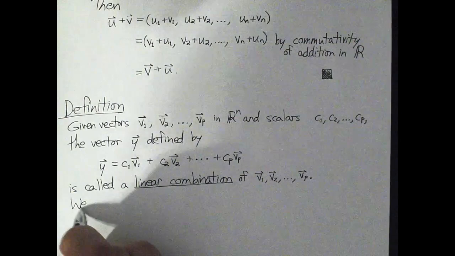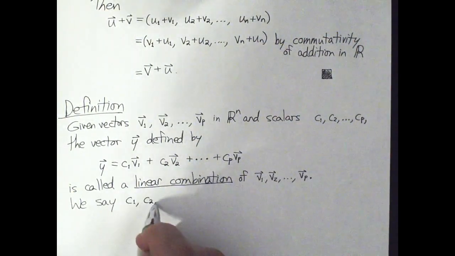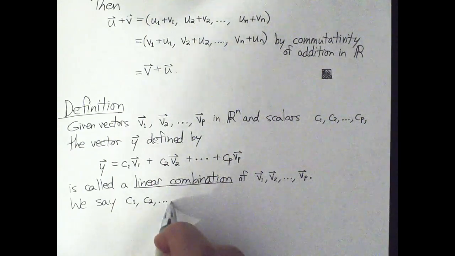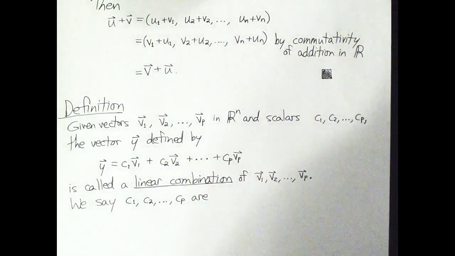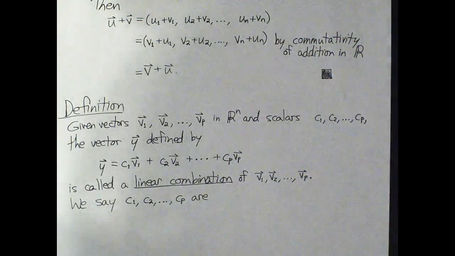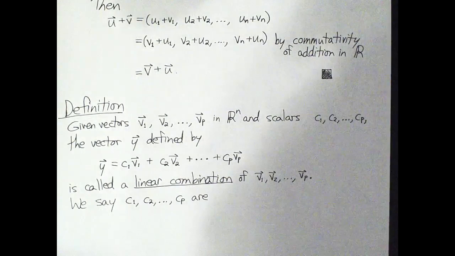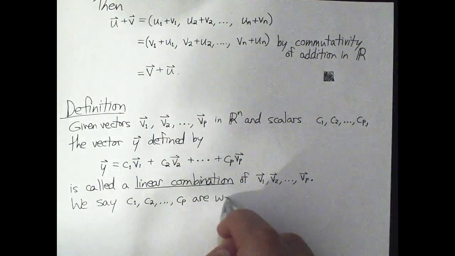We say c1, c2, up to cp are called, you might think that I'm about to say coefficients. They kind of feel like coefficients, but it's a different word.